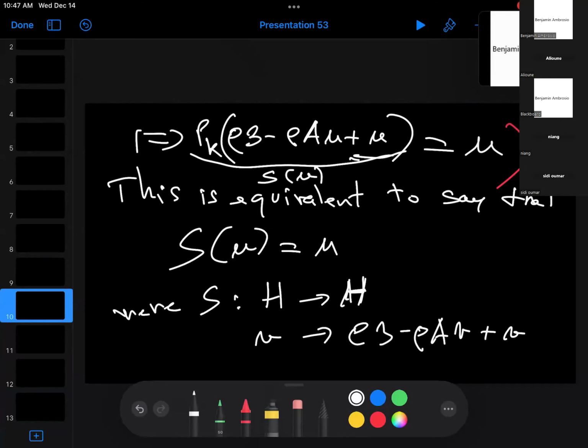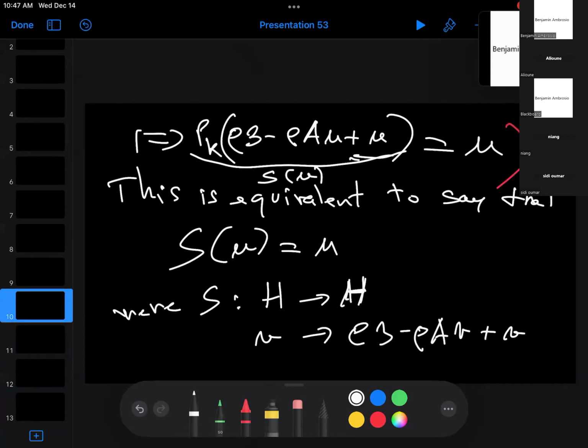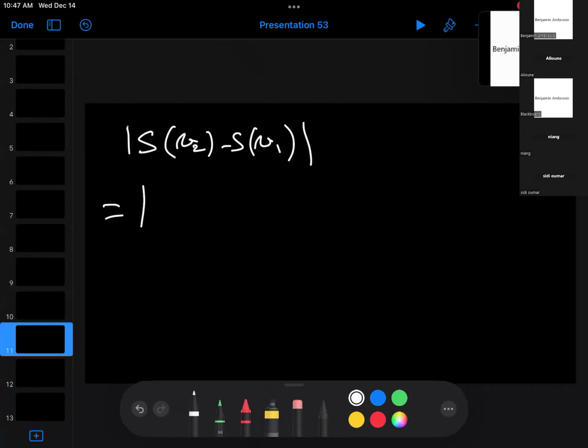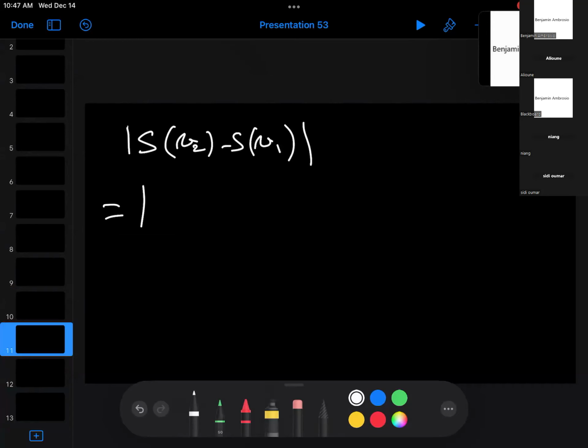Okay, so let's look at S v2 minus S v1. So this is equal to, this will cancel because this doesn't depend on v. So rho z minus rho z, and then I will get minus rho A (v2 minus v1) plus v2 minus v1.